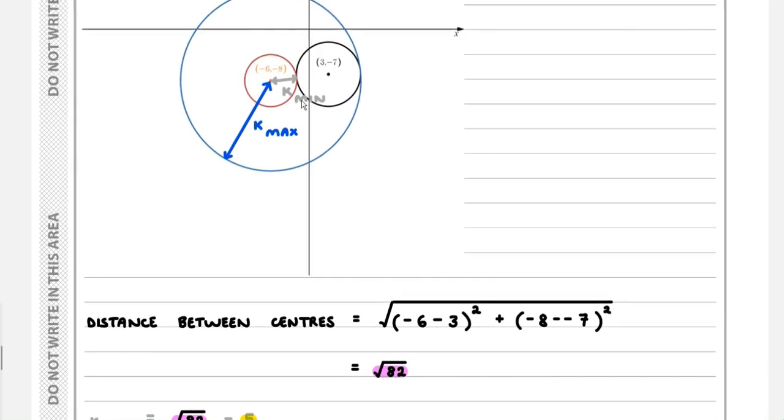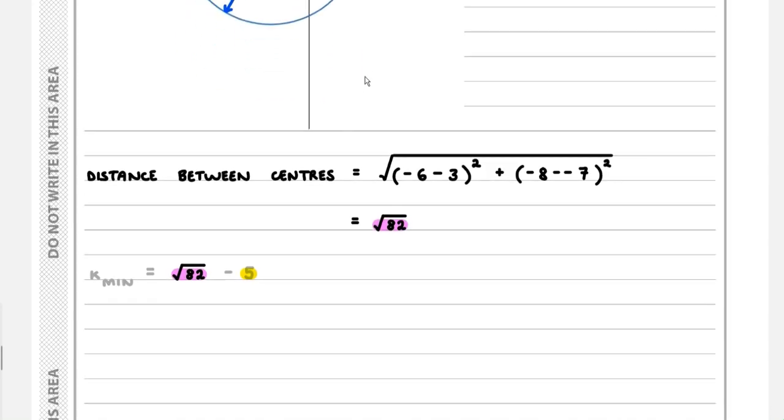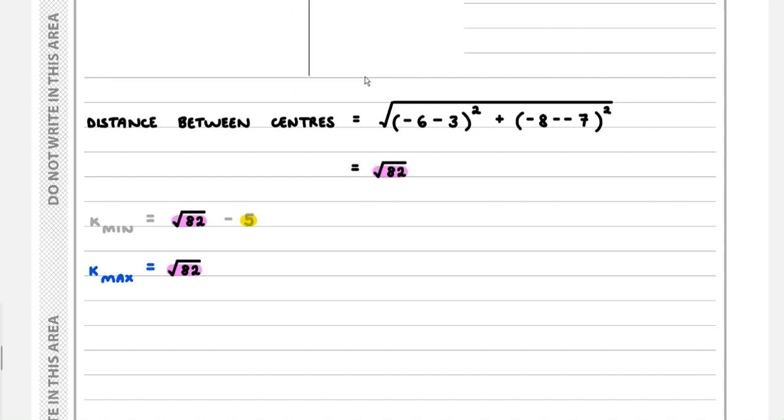And to find out what k max is, I've got the distance between the centres being root 82, and then I need to add on this extra bit over here, which I know is 5. So k max is equal to root 82 plus 5. So the range of values for k, we've got k being greater than root 82 subtract 5, but less than root 82 plus 5.